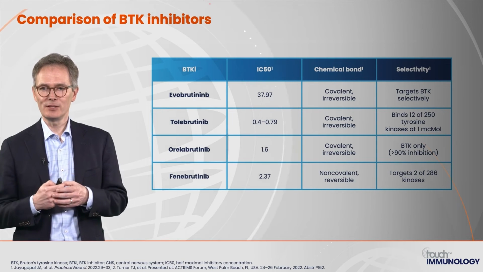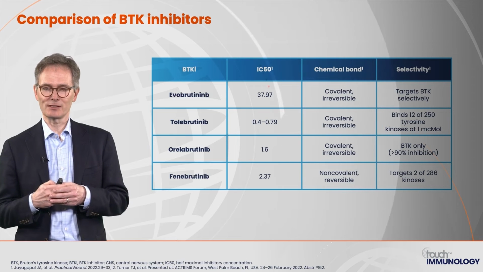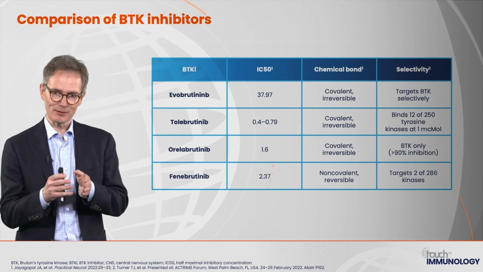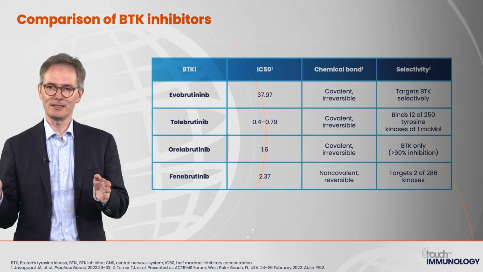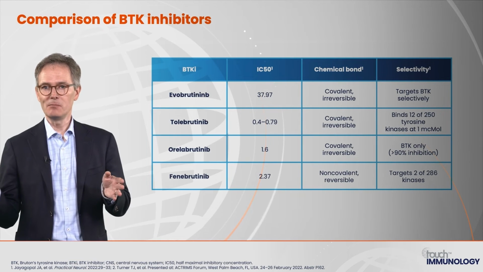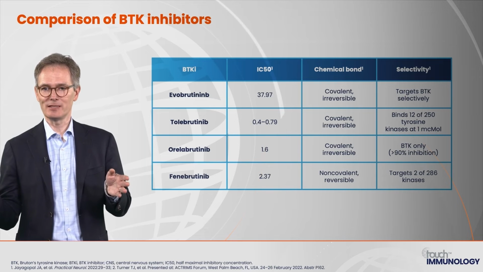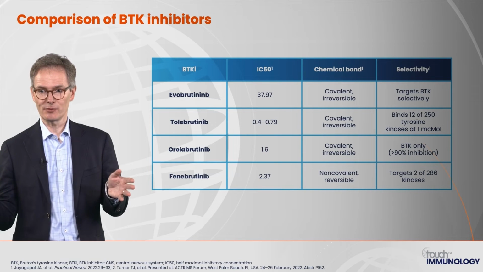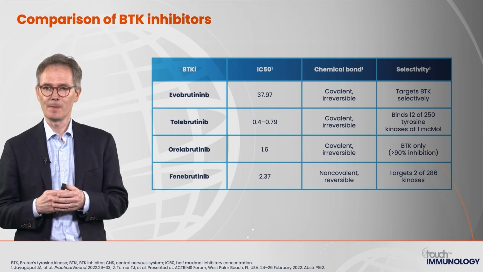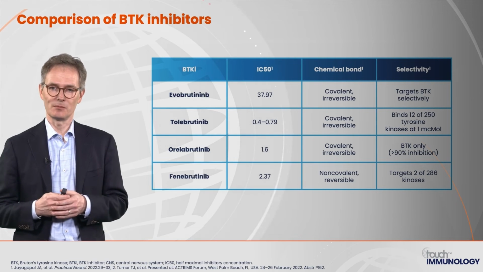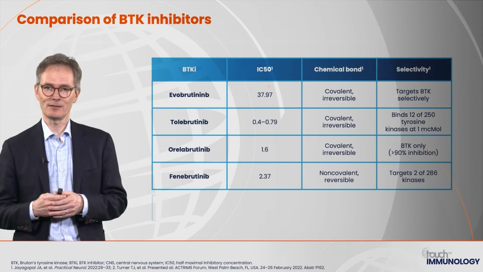Then the selectivity is different. So some of the drugs are very specific for the Bruton's tyrosine kinase, and others bind also other tyrosine kinases, maybe impacting also other immune cell subtypes, which might be beneficial, of course, if they better target macrophages, dendritic cells, and so on, but could also lead to some more side effects or different side effects.